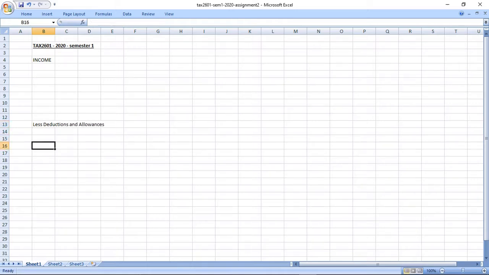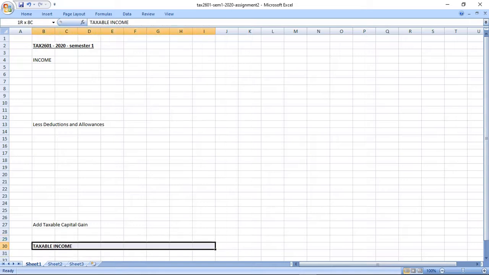Again, leave space, you're going to fill that up, and then add taxable capital gain. And then you'll have taxable income. That's obviously what you're trying to get to in terms of this working.